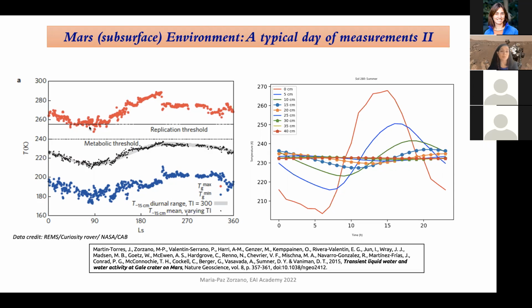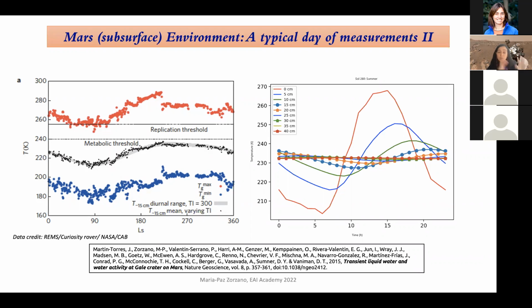And this is what is here represented with the dots and the gray line. And this graph is telling you that as soon as you go beneath the surface, the temperatures are so low that you're always below the temperature limit for metabolic activity and well beyond the temperature limit for replication.